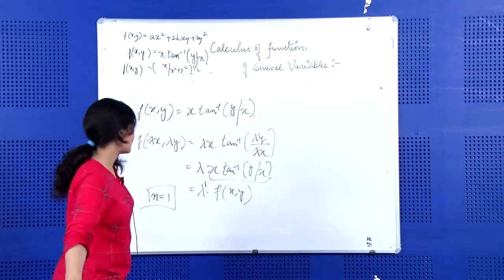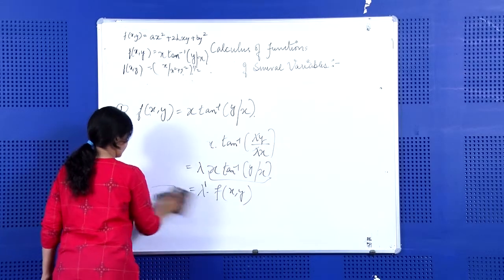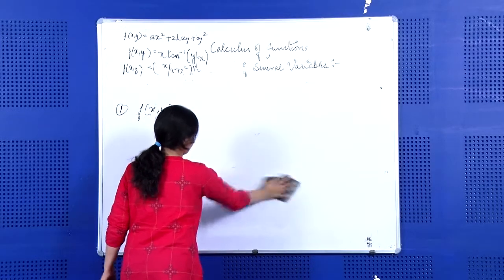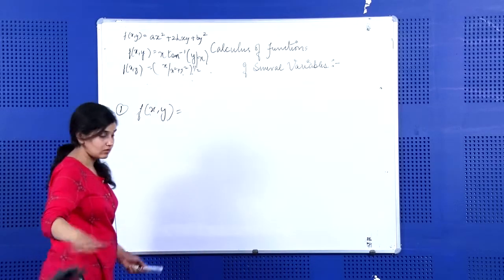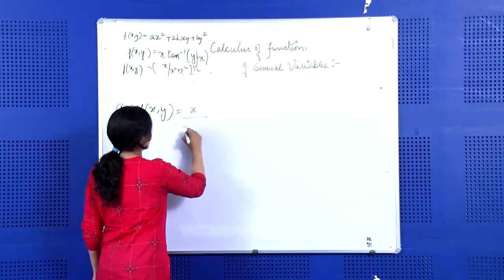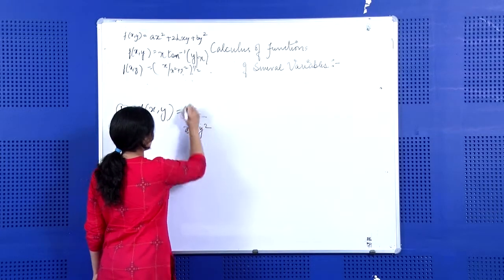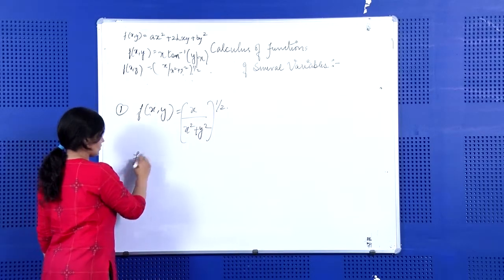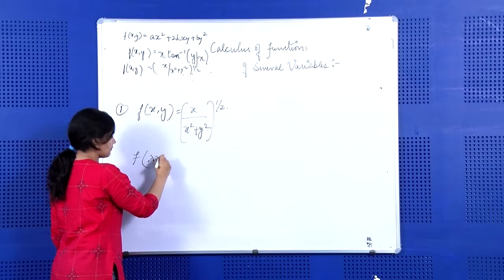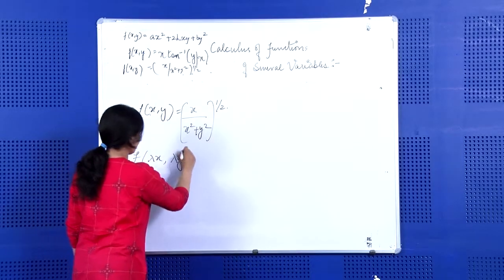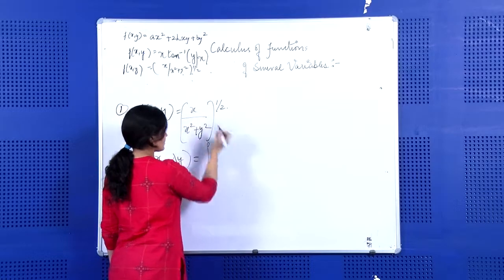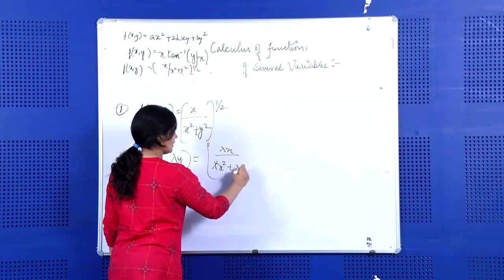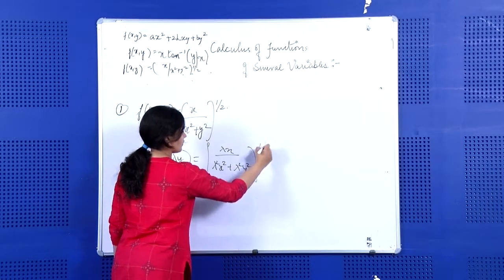Let us take one more example. It is x upon x square plus y square raised to power 1 by 2. So, again multiply x with lambda, multiply y with lambda, we will get lambda x upon lambda square x square plus lambda square y square, power half.